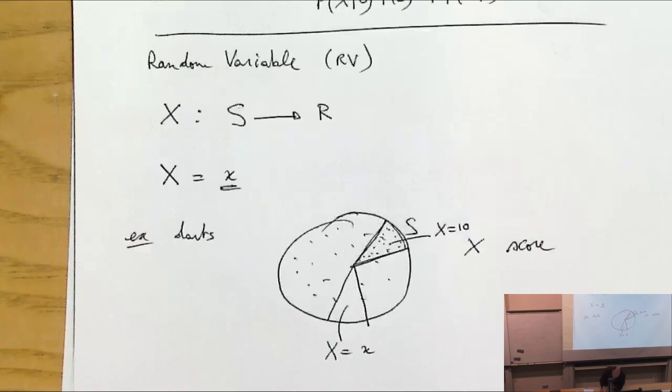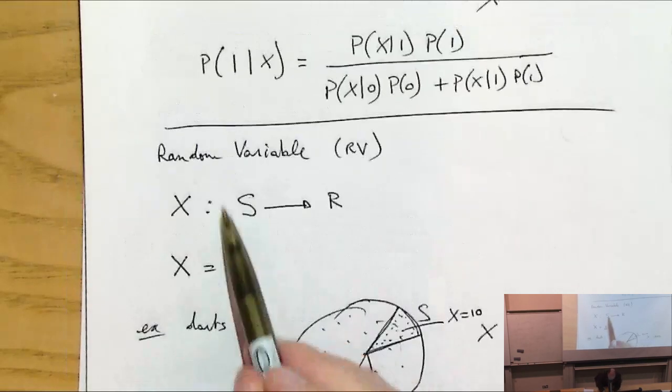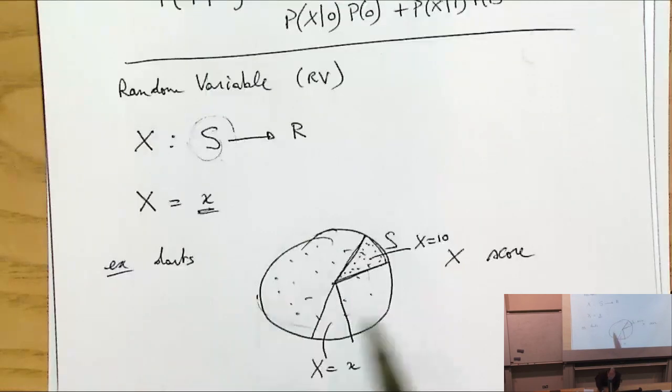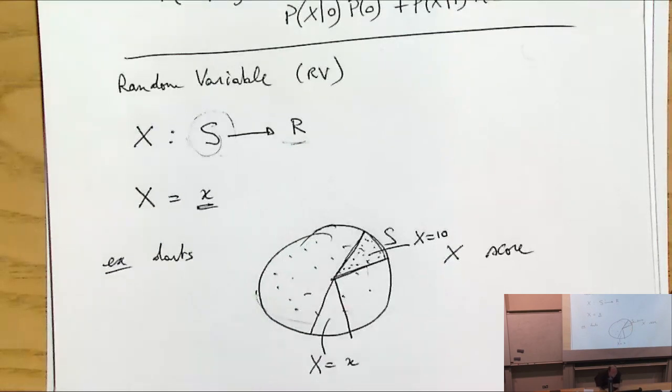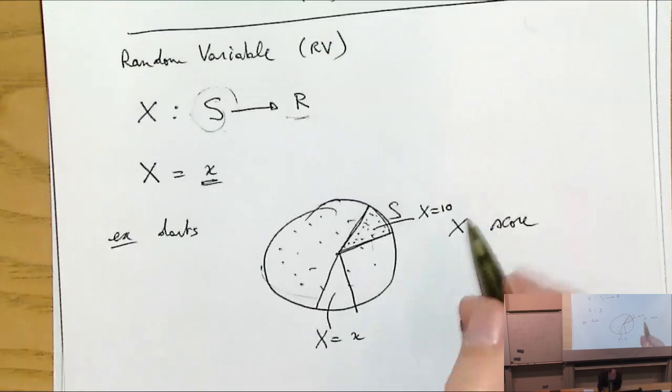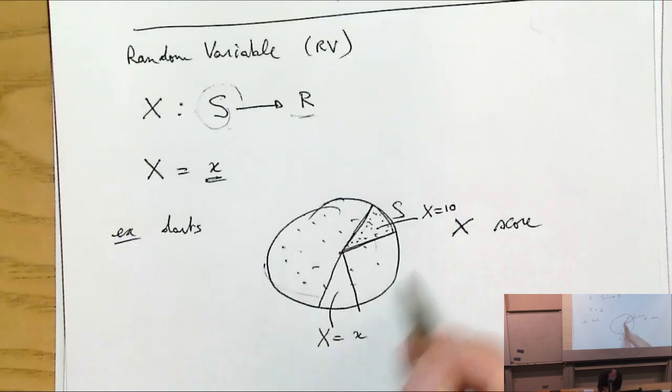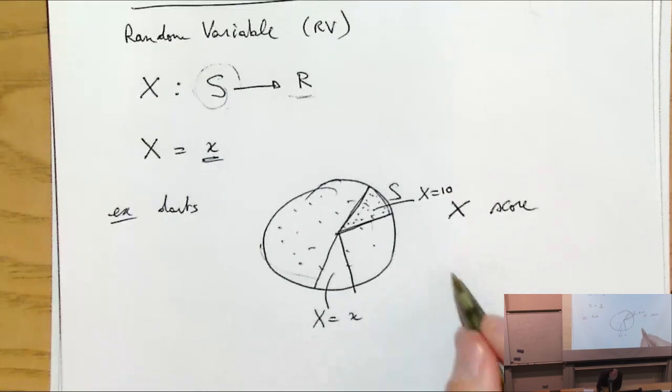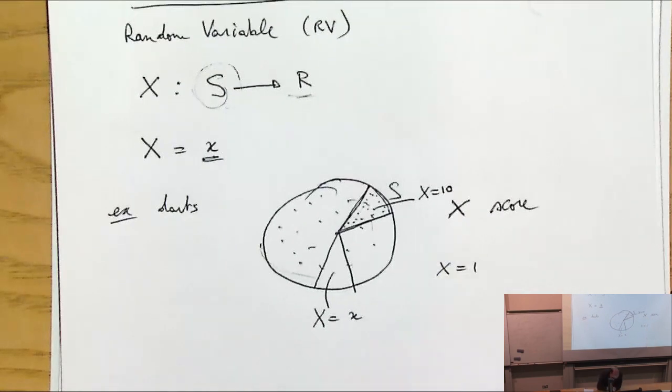So for any possible value here in this sample space, we essentially assign a certain real number to this random variable, right? So this random variable can take multiple values. Here in this example, X can be equal to 1. You have a score of 1. You can have 2.